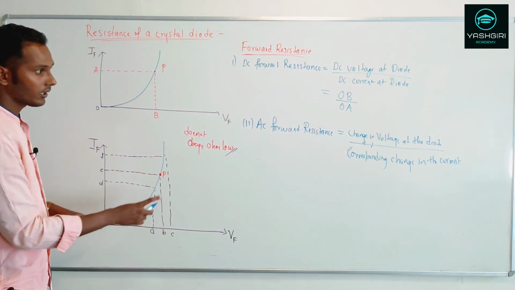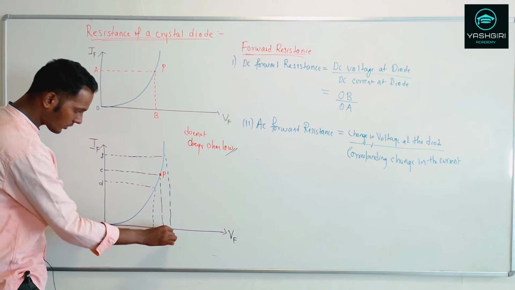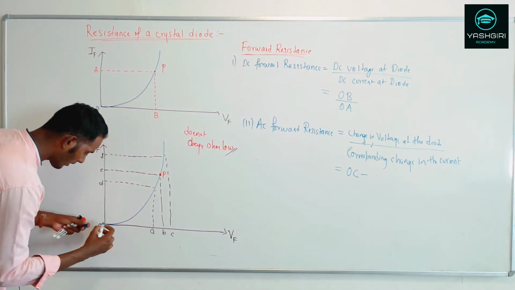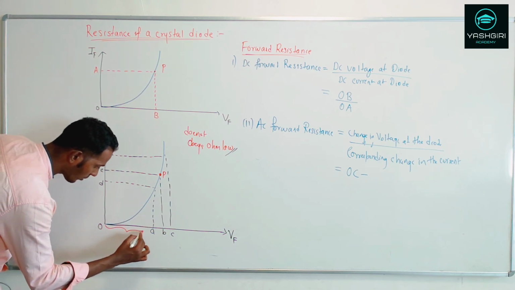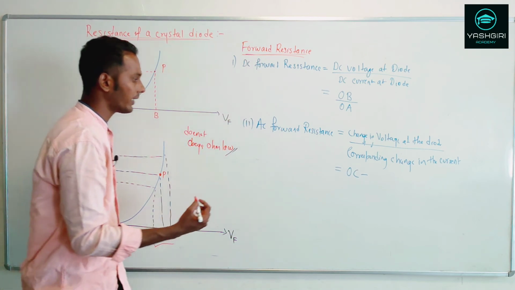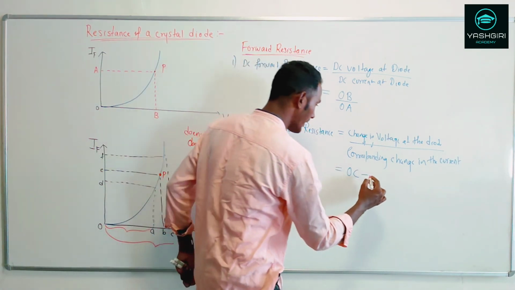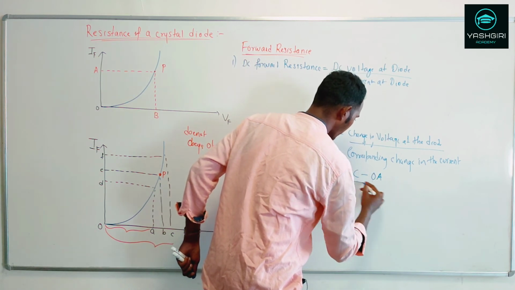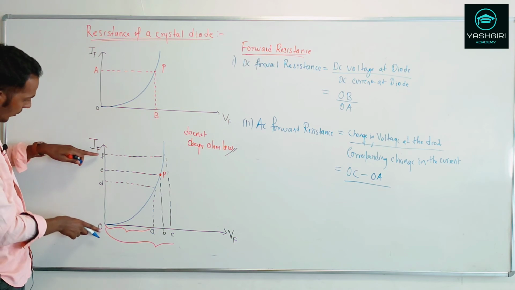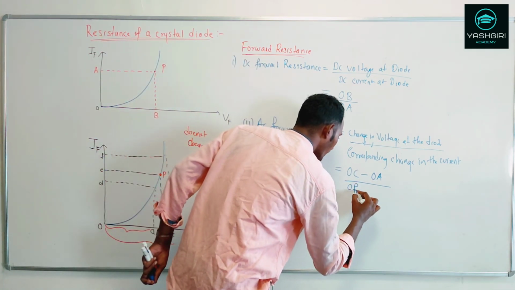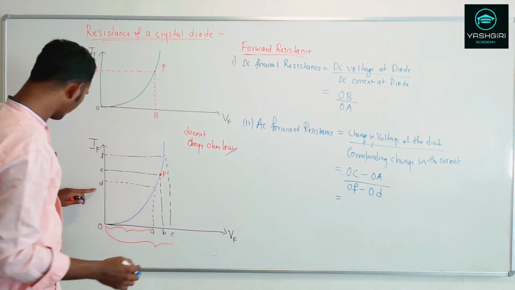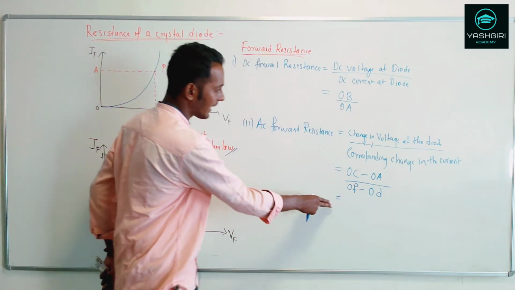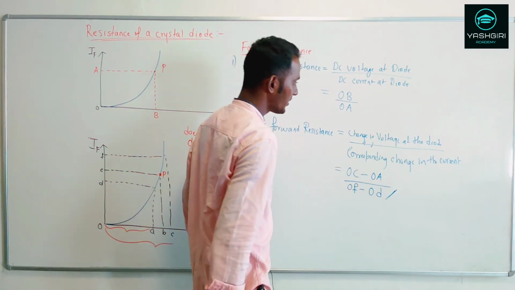The change in voltage is from O to A to O to C, so it is O to C minus O to A, divided by the corresponding change in the current, that is O to F minus O to D. So the AC forward resistance is the change in the voltage of the diode divided by the corresponding change in the current.